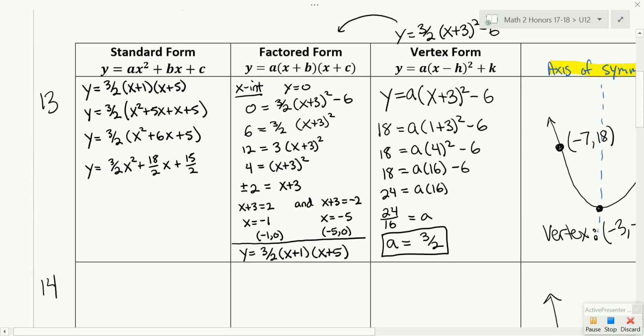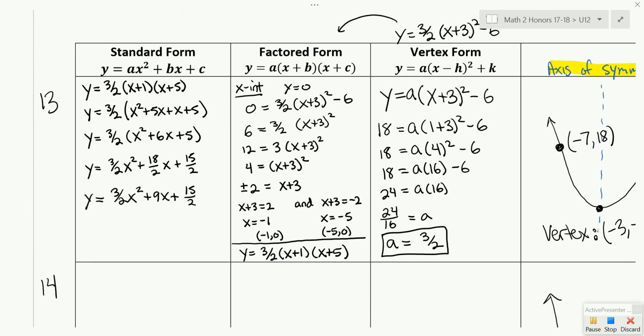And I can reduce the 18 over 2. So my standard form would be 3/2 x squared plus 9x plus 15 over 2. And you can see, if we went to standard form first and had to factor that, that'd be pretty ugly, right?